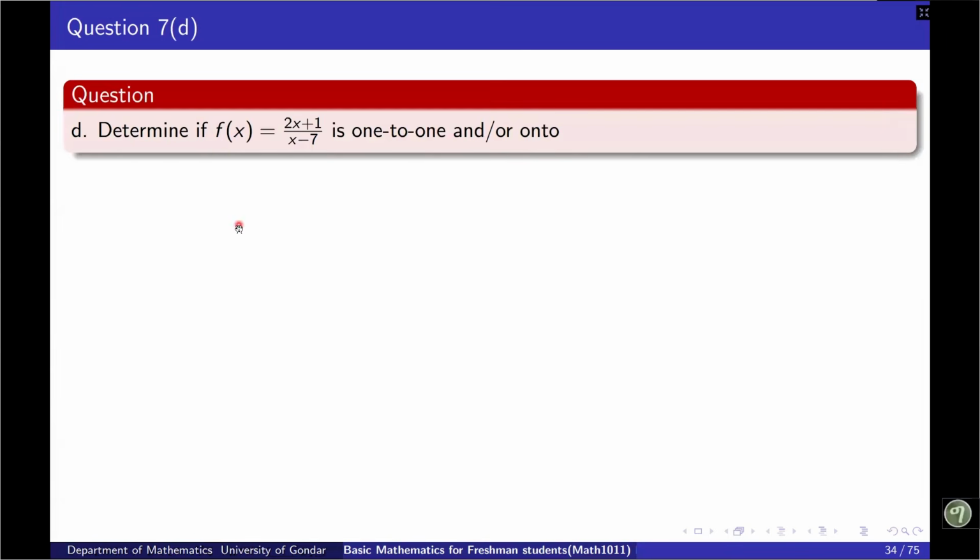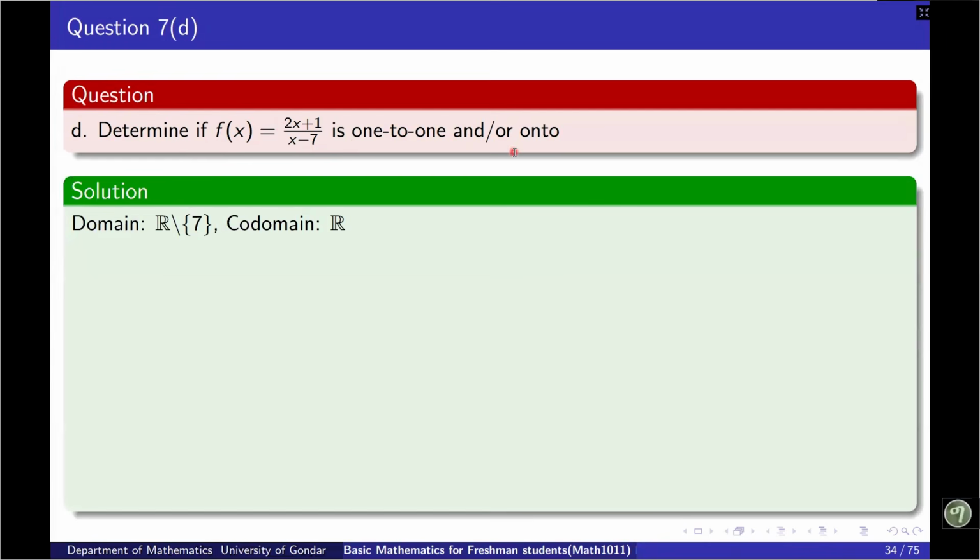The next one: determine whether f of x equal to 2x plus 1 over x minus 7 is 1-to-1 and or onto. Let us see the 1-to-1ness first. We know that the domain is the set of real numbers without 7, because it's undefined at 7. The codomain is R, since it is from R to R, as we are informed at the beginning.